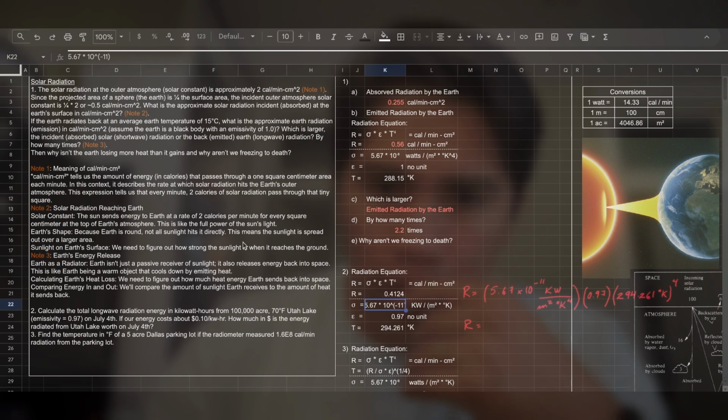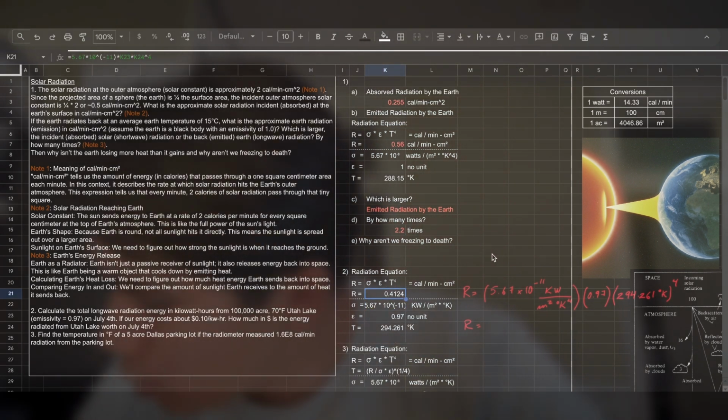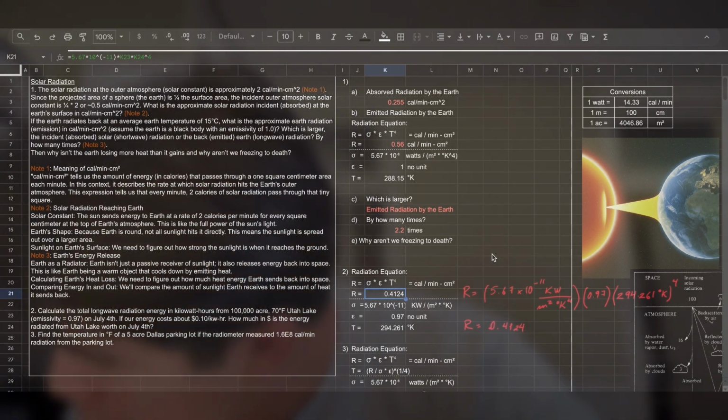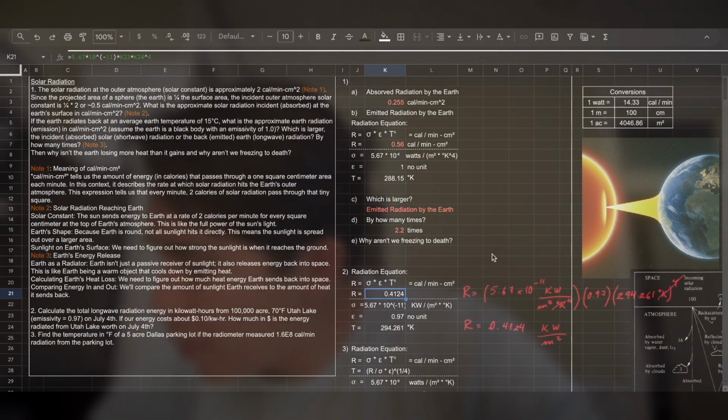Let's see now. Okay, so we got 0.4124, and that will be kilowatt per square meter, since the Kelvin cancel. Let me double check that. Yep. So that's the radiation that we get, but now we're given an area. So we're given that the area is 100,000 acres.